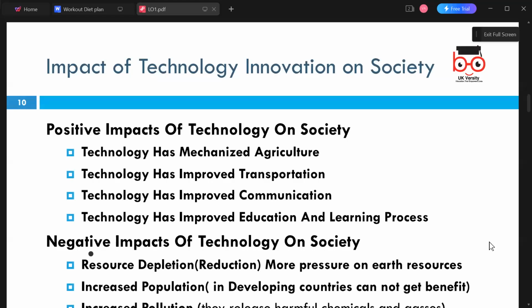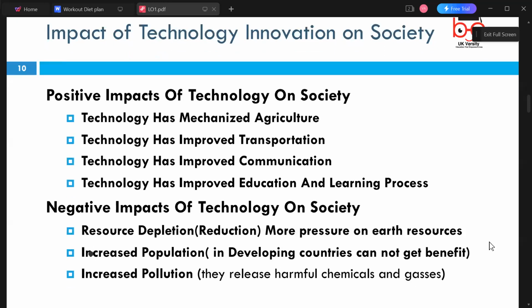So let's look into some of the positive impact. Technology has now mechanized agriculture. It has improved transportation, improved communication, and has also improved education and the learning process. Some negative aspects that we can see are resource depletion, more pressure on earth resources, increased population, and increased pollution.